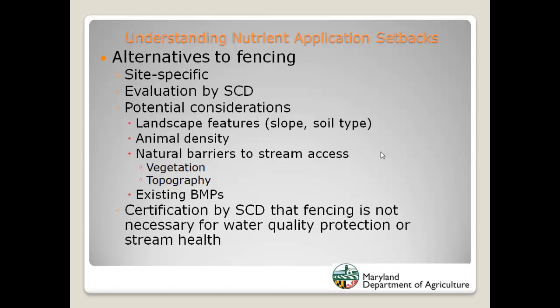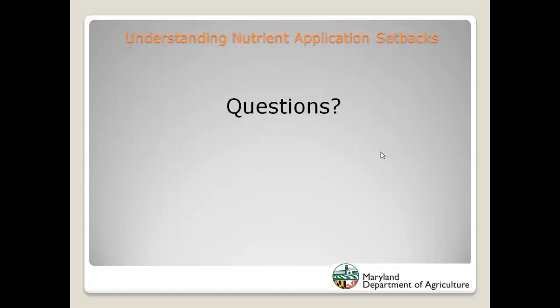So that is forthcoming, and then again, you'll find that also posted on the MDA website under the nutrient management section as a tool for plan development. So if we can bring the lights up, those were the three issues that I wanted to highlight to try to clarify some of the questions that we've been hearing about nutrient application setbacks.